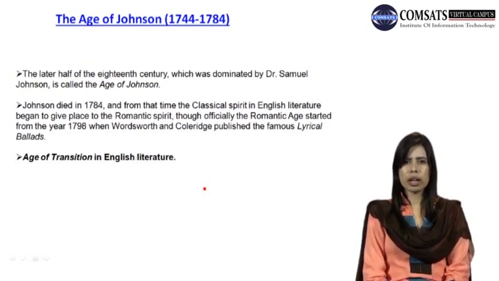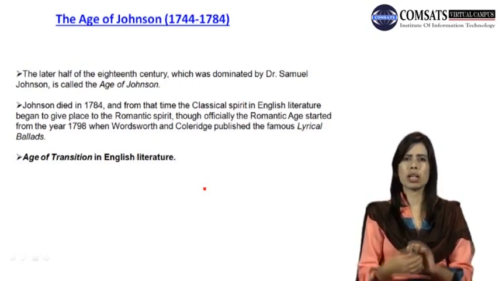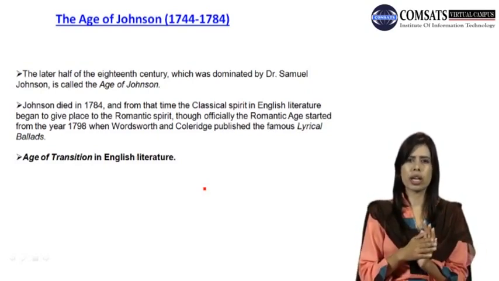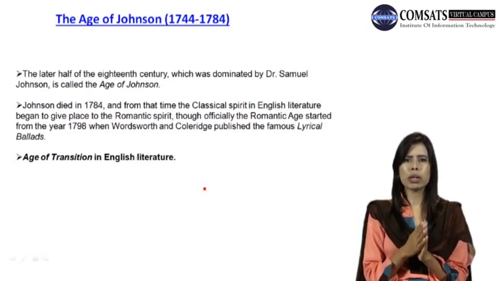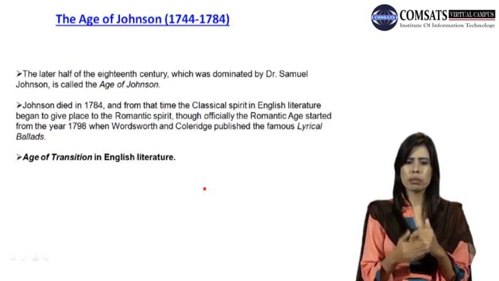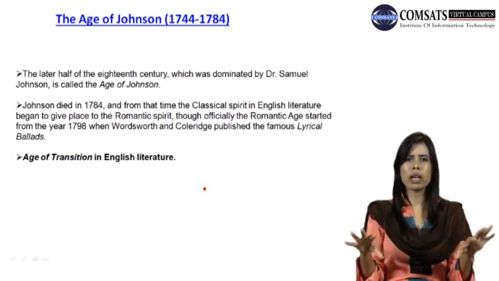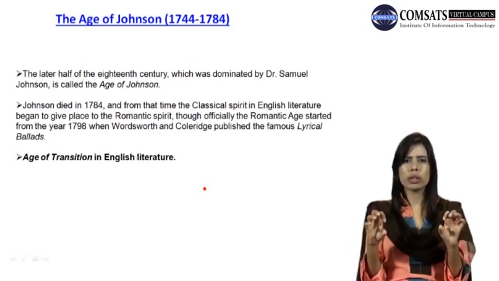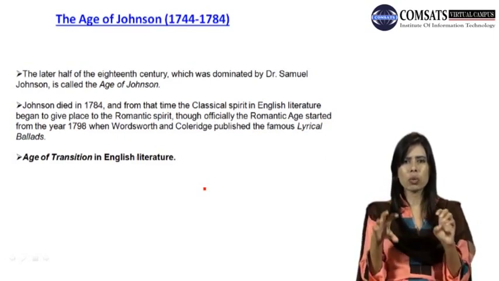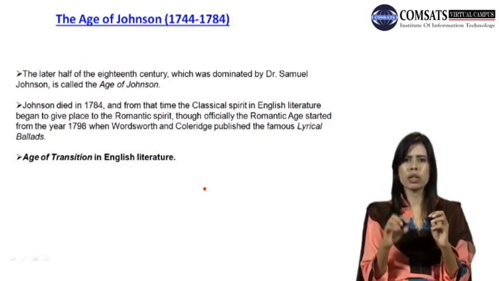That is known as the age of transition in English literature as well, because there is a sudden shift from the classical movement of English literature to the Romantic movement. Up till now we are basically dealing with 18th century literature.